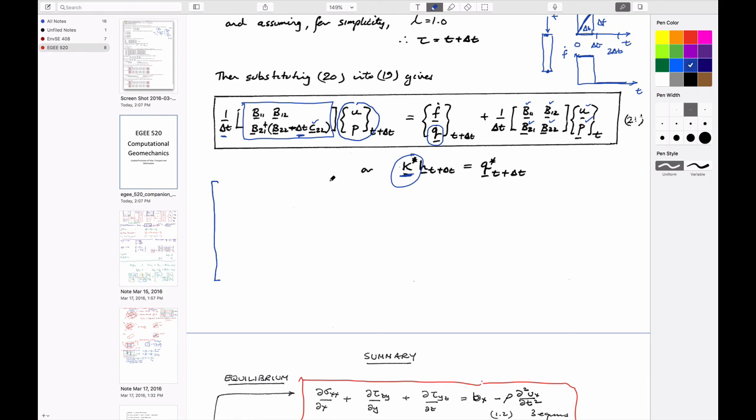So let's look at the individual degrees of freedom which would be present in here for a triangular element. I think I have enough space to do it, but it would be an element that looks like this.